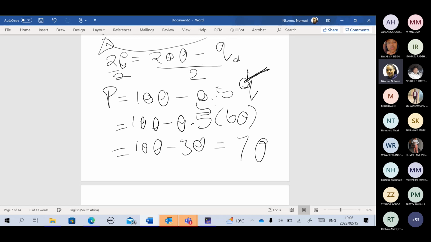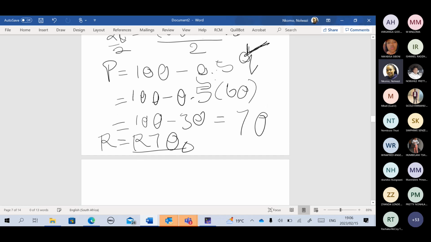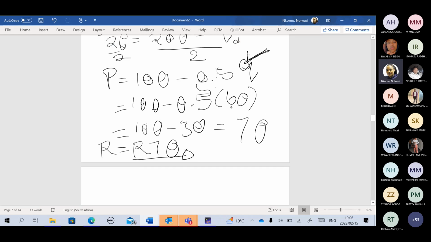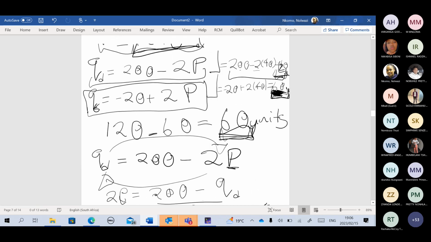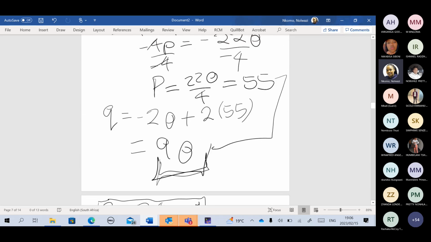So this means the consumers are willing to pay 70 rand if 60 units are available in the market. So that means they are willing to increase the price.